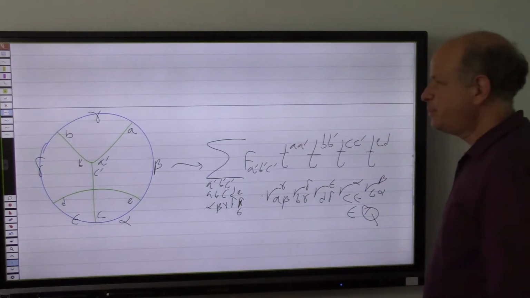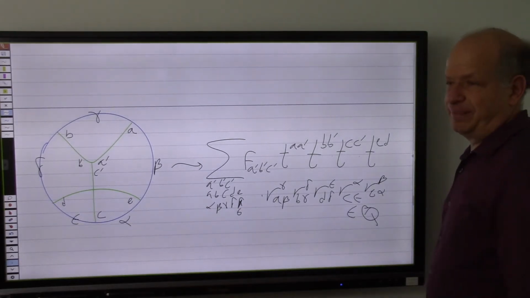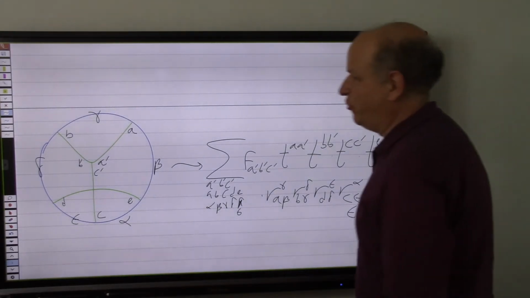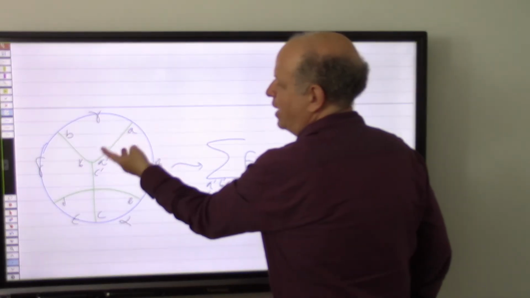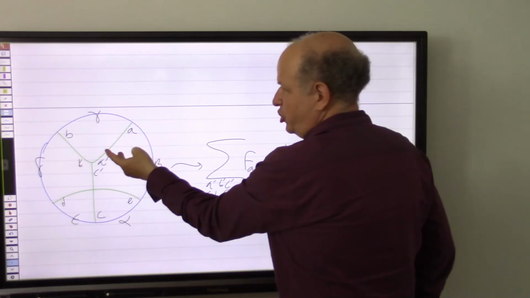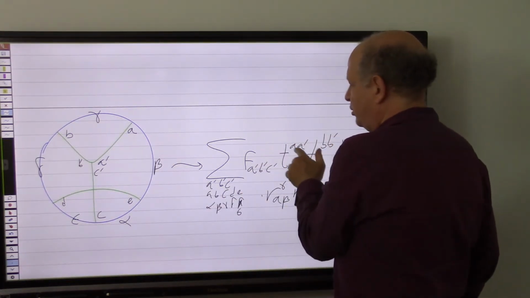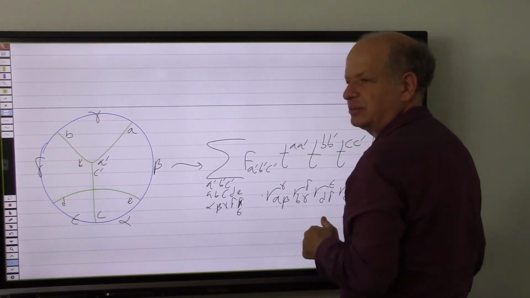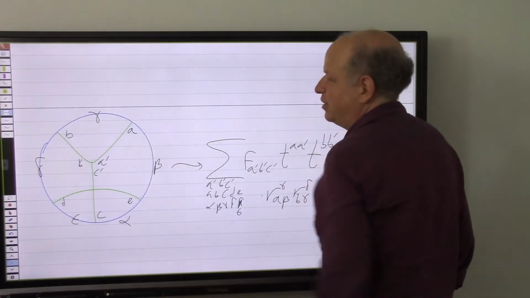Okay. Lots of things to check. First of all, the edges were unoriented. So how did I know whether to write T A A prime or T A prime A? Doesn't matter, T is symmetric.